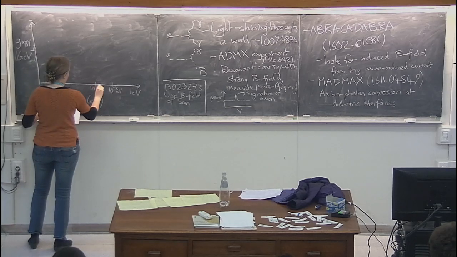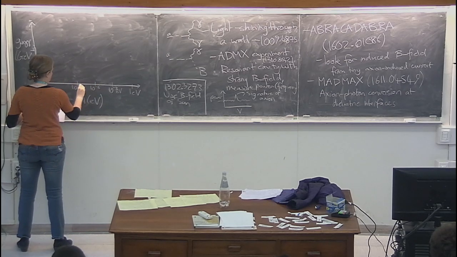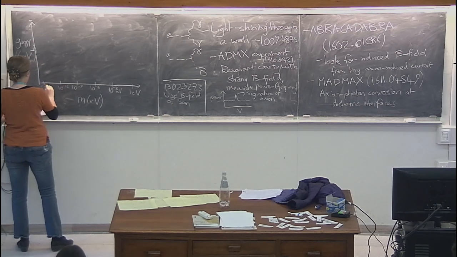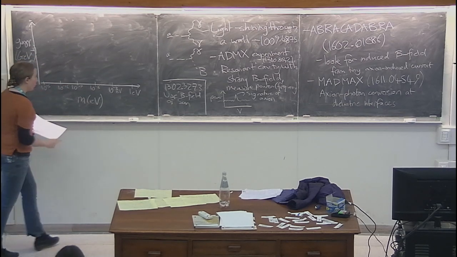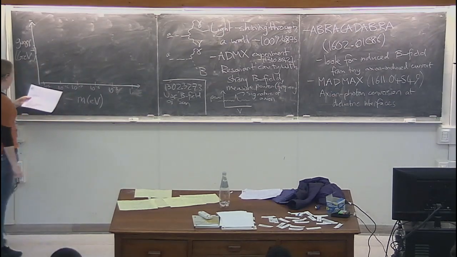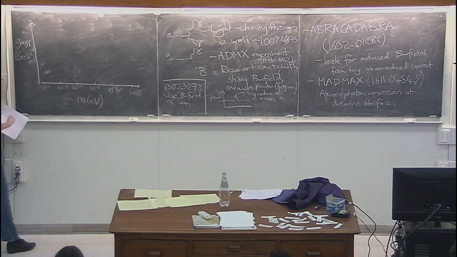Okay, so if we've got something like the QCD axion, we expect there to be a characteristic band on this plot that is set by the relationship between m_a and f_a that we just wrote down. So let's just identify that band first.